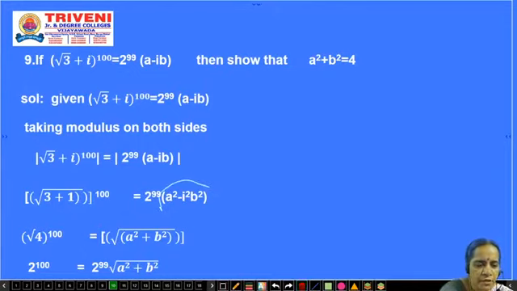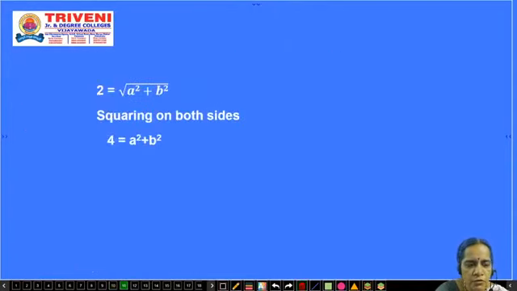Root 3 square plus 1 is 4, so 4 power 100 becomes 2 power 99 into square root of a square plus b square. Here 2 will get cancelled, so 2 is equal to square root of a square plus b square. Squaring on both sides we get 4 is equal to a square plus b square.